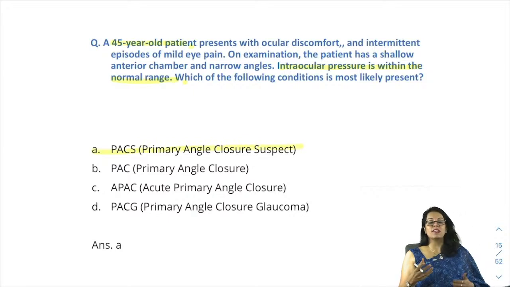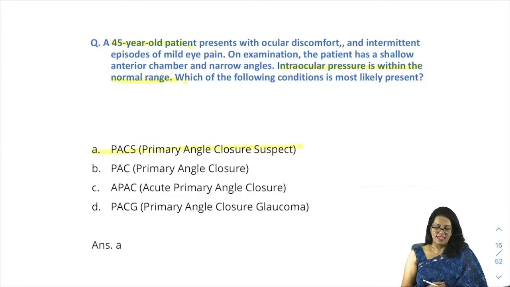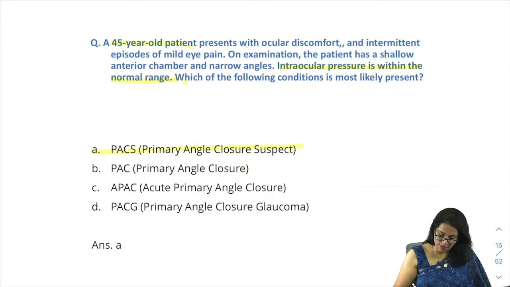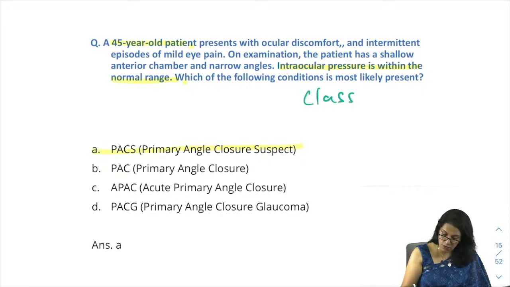What was the earlier classification saying? It is the stage of, what do you call it? Instability. But now we have changed the name, we call it primary angle closure suspect. Okay, this is the classification of angle closure glaucoma according to natural history.